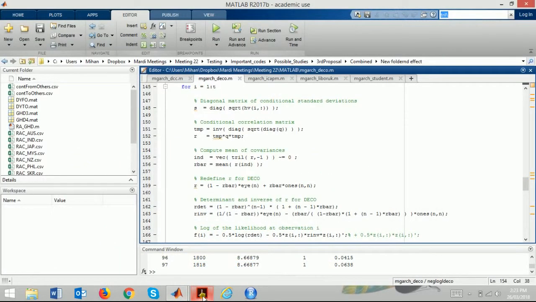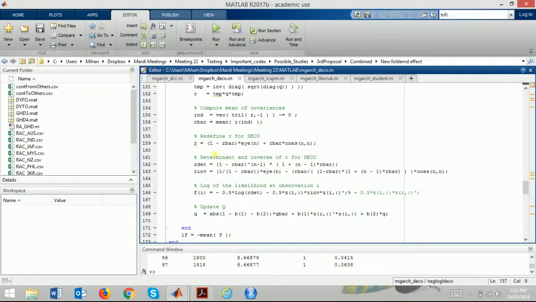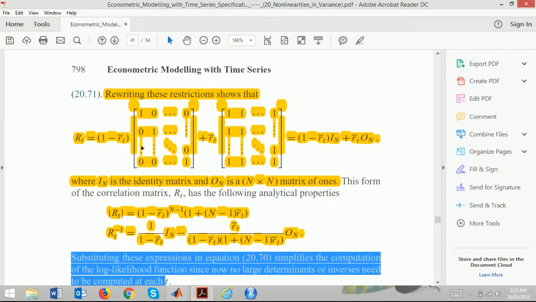Something like that is R. Is it R? No, this is the index, R bar, the mean of R. Okay, redefine R for DECO. 1 minus R bar. Okay, 1 minus R bar, that is R bar.